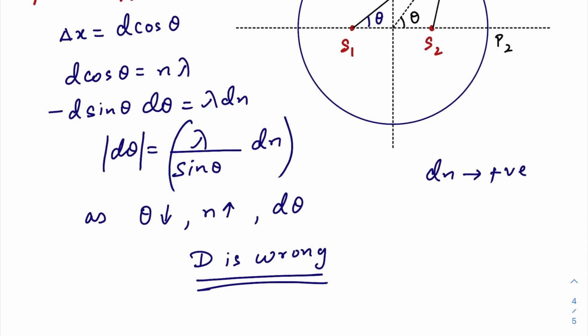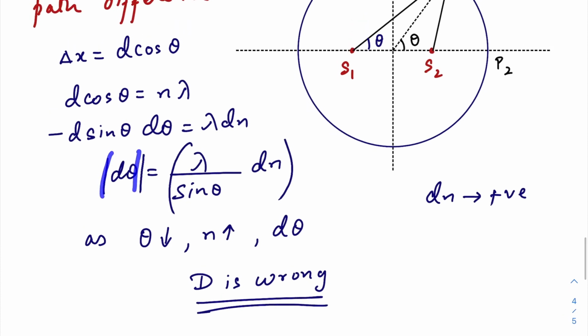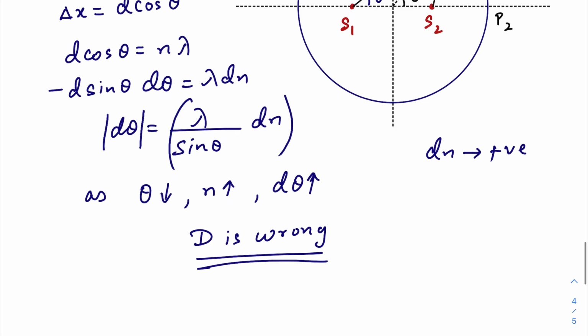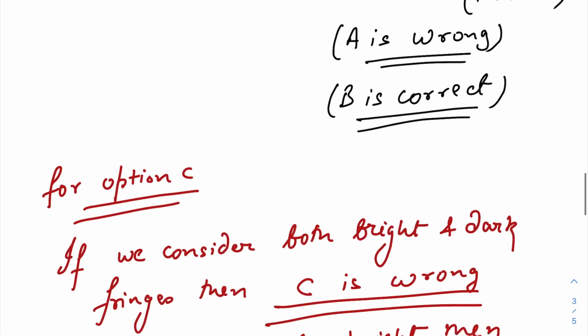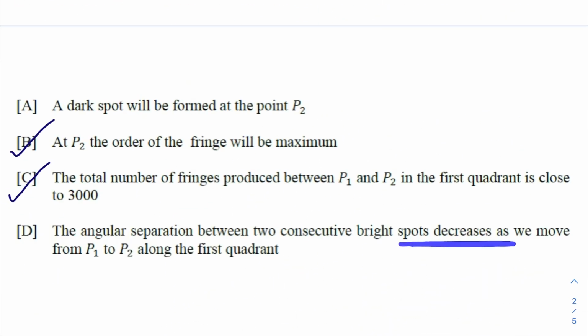I am more interested in the magnitude of the angular separation instead of the sign. So the magnitude is increasing actually, because this whole factor is increasing. So option D is wrong because they have told that the angular separation decreases. So option D is wrong, A is also wrong.